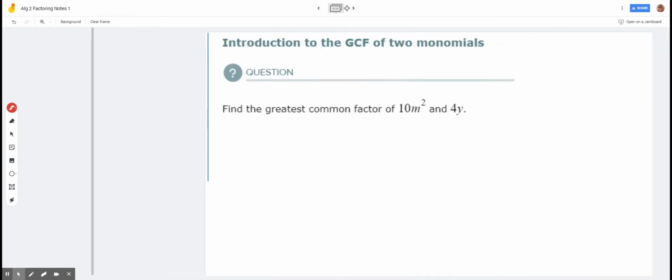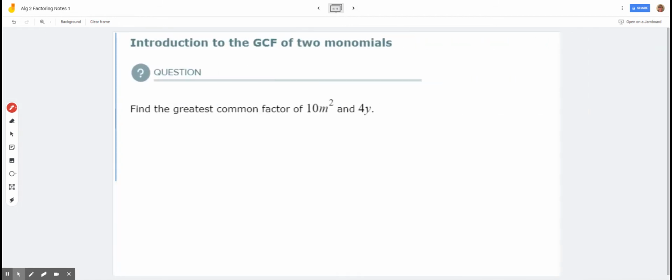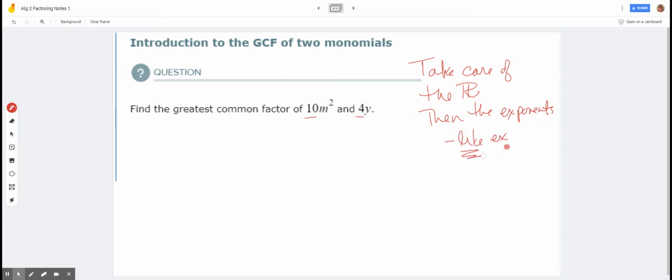All right, go on. So look here, looking at 10 and 4. First, take care of the real numbers, and then the exponents. And it has to be like exponents, like bases.